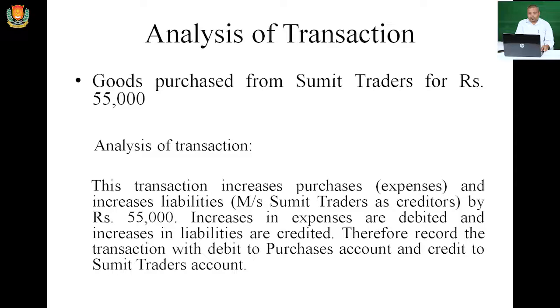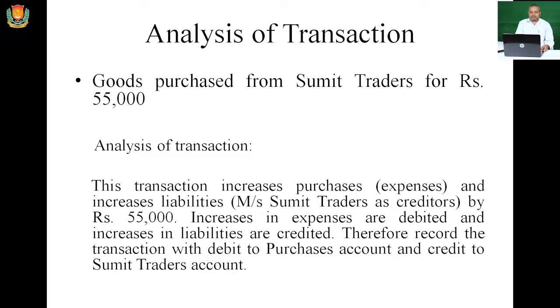So liabilities and expenses both have been increased by rupees 55,000. So increase in expenses are debited, and increase in liabilities are credited. Therefore, record the transaction with debit to purchase account and credit to Sumit Traders account.